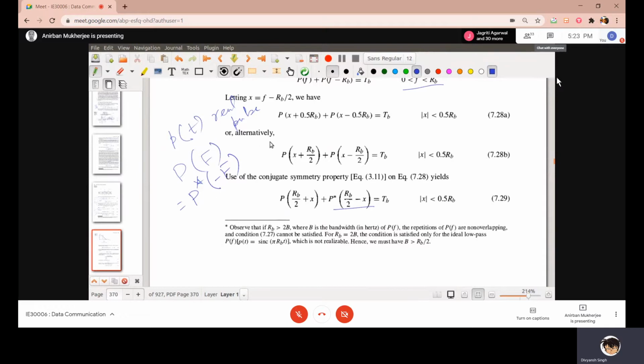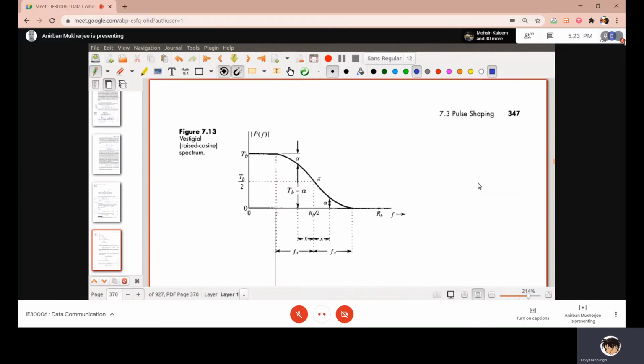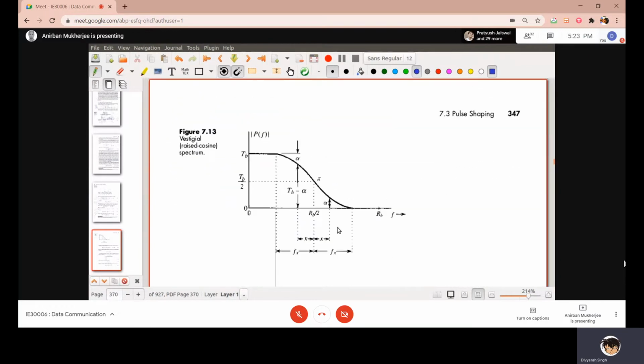But if you choose the pulses such that P(f) is also real valued and positive, then the star is gone, because for a real value a star equals a.